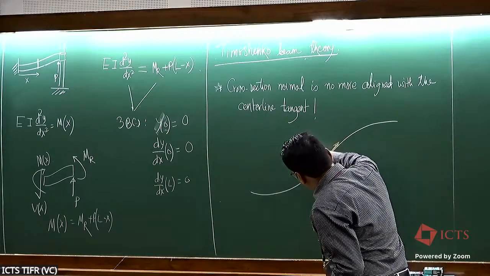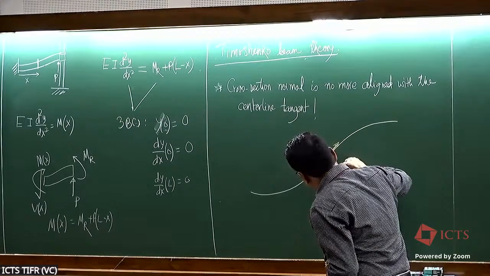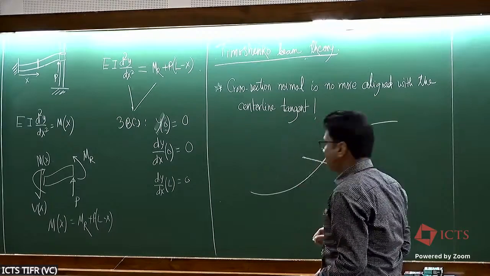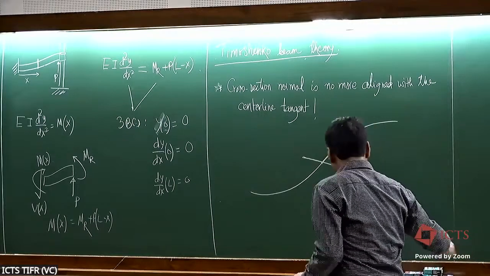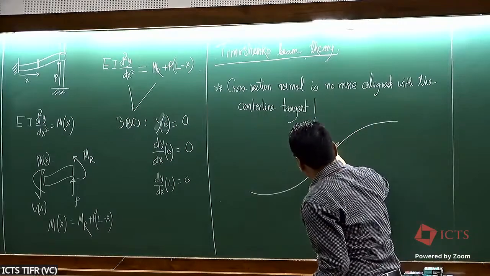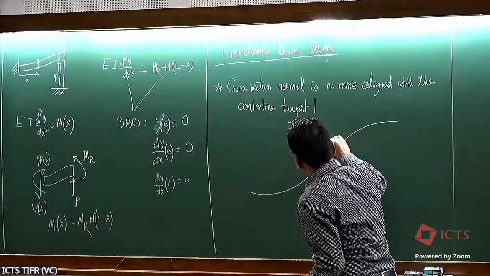So the cross-section could be like this, and the cross-section normal is then like this.